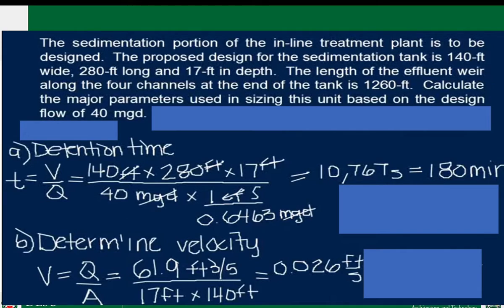If we execute this, it is equivalent to 61.9 cubic feet per second, divided by the area. The area is the depth of the tank multiplied by its width. So that's equivalent to 0.026 feet per second.